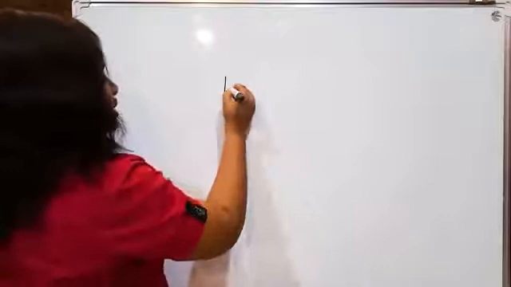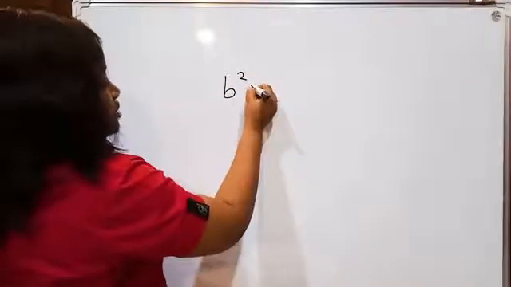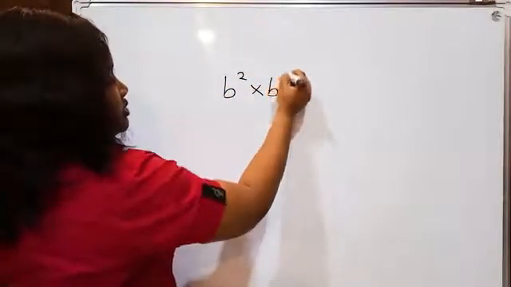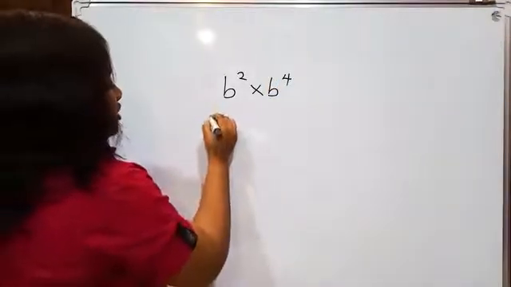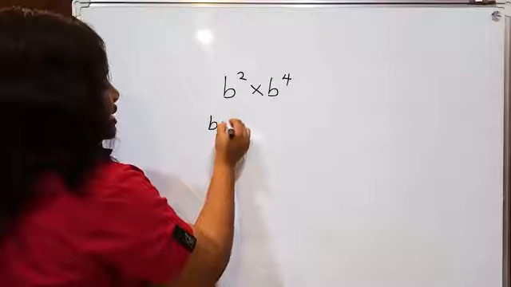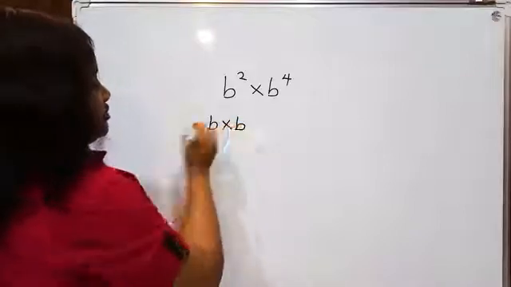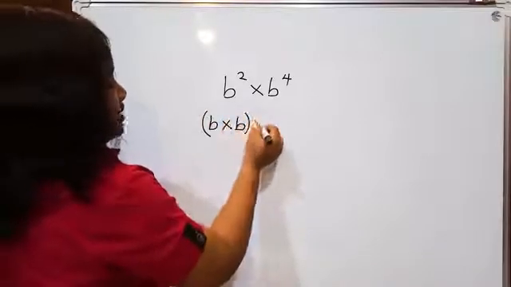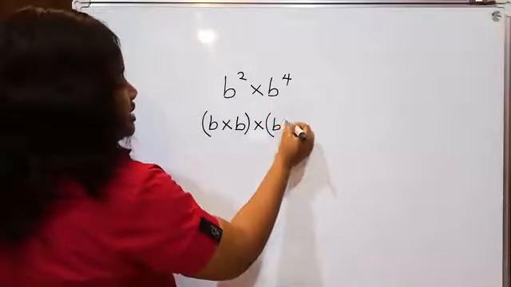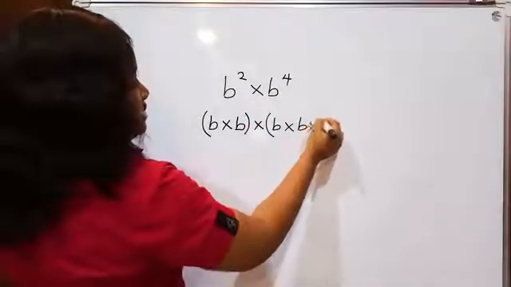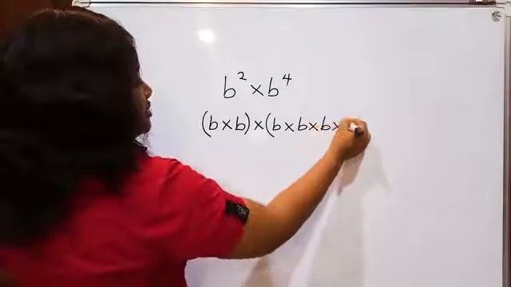Let's say you have b raised to power 2 times b raised to power 4. B squared, or b raised to power 2, is b times b. Times b raised to power 4 is b times b times b times b.